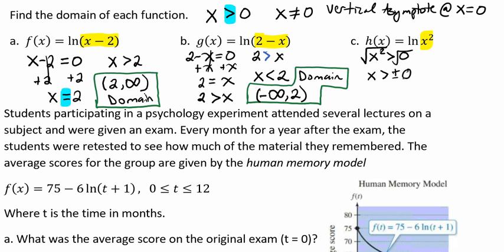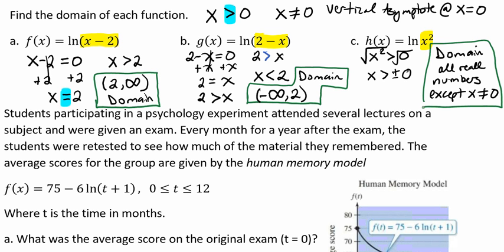So here we can say that x can be anything except for 0. So here we'll write down for our domain all real numbers except x cannot equal 0. And that would be the solution of our domain here.